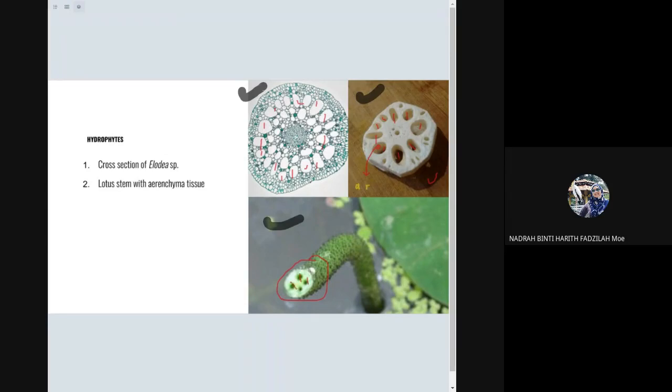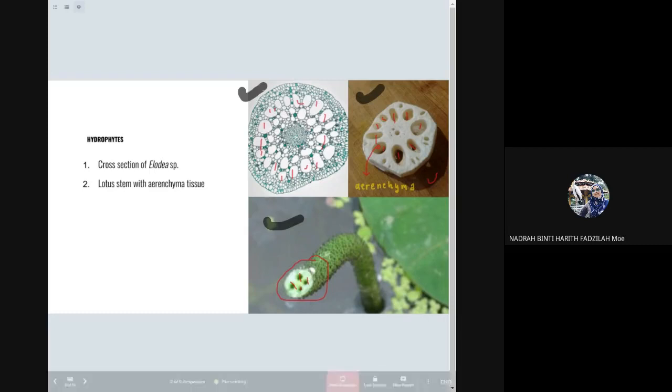Tapi kalau dekat Elodea, dalam stem ni dia punya rongga ni kita tak nampak dengan jelas, tapi kita tahu ia enables the Elodea atau hydrilla to sort of stay upright sebab ada rongga udara kat sini lah.